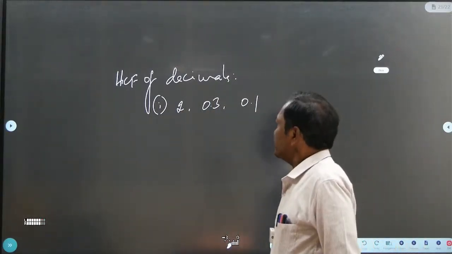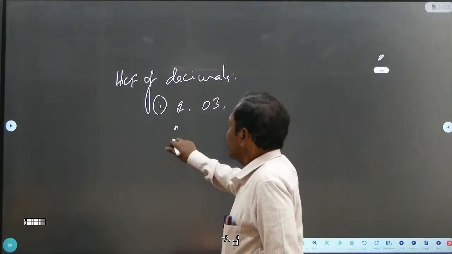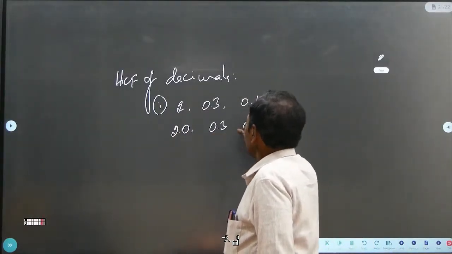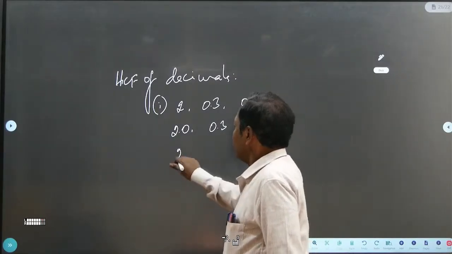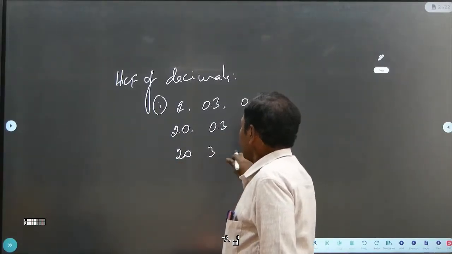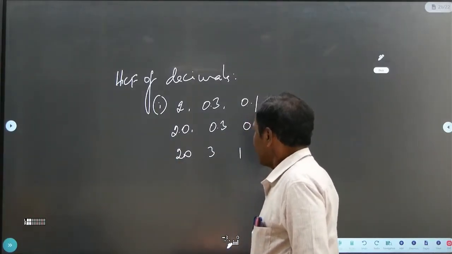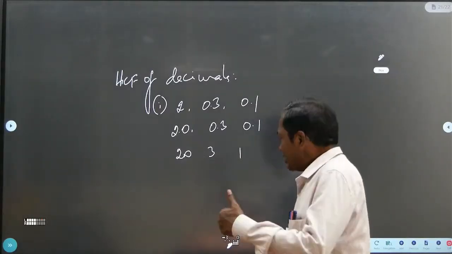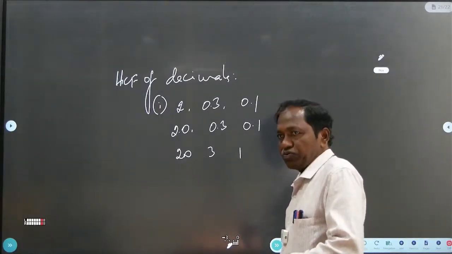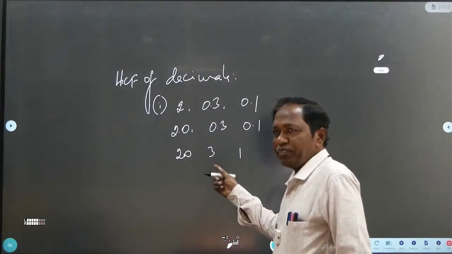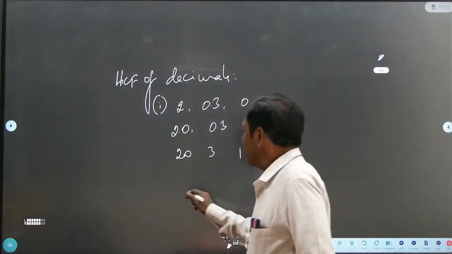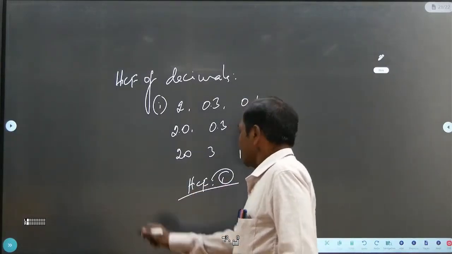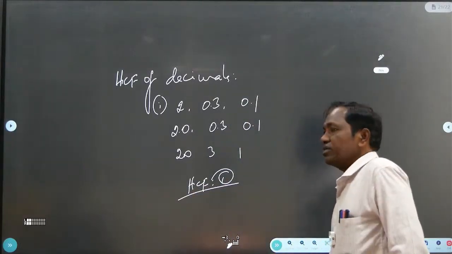Take one decimal place: 2.0, 0.3 and 0.1. It means 20, 3, 1. Now one prime number is already there, 3, and the lesser one is 2. When one prime number is there, okay, finish. The HCF is 1. It's like that.